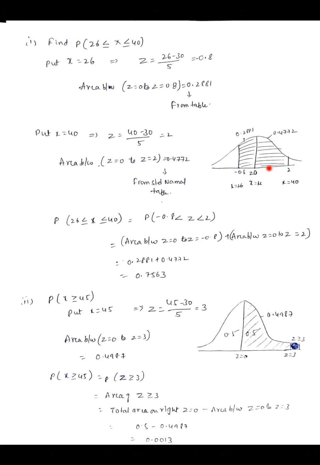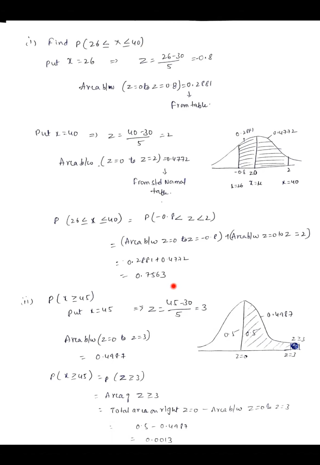To find this probability, we have to take the area from minus 0.8 to 2, so we add these two areas and you will get 0.7563. The probability for this will be 0.7563.